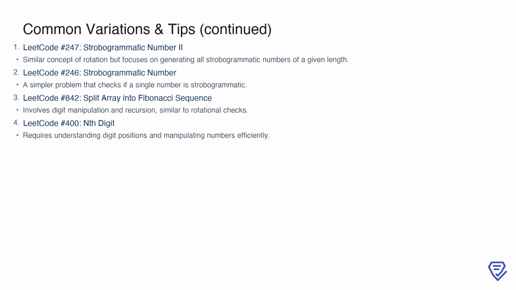Problem number 842, Split Array into Fibonacci Sequence, shares similarities in its use of digit manipulation and recursion. Lastly, problem number 400, Nth Digit, challenges you to efficiently work with digit positions in number manipulation, which can reinforce the skills needed for rotated digits.